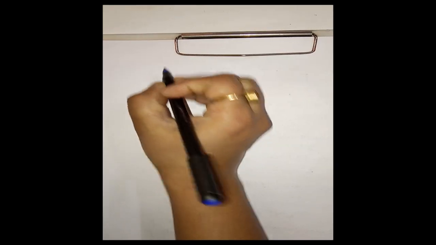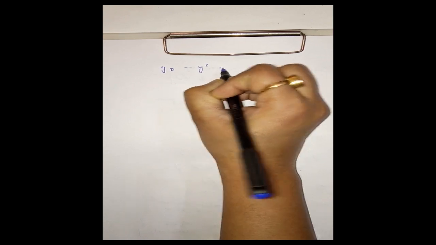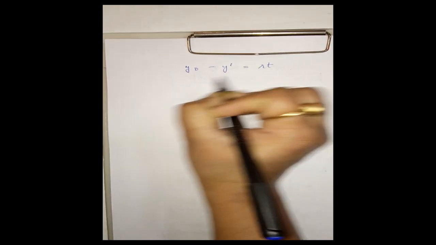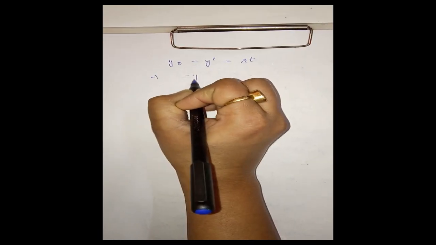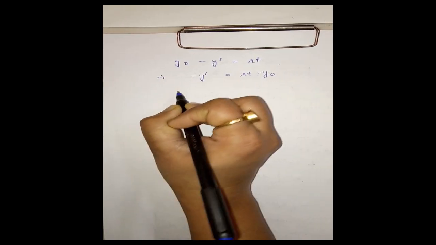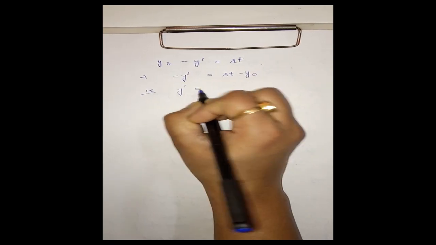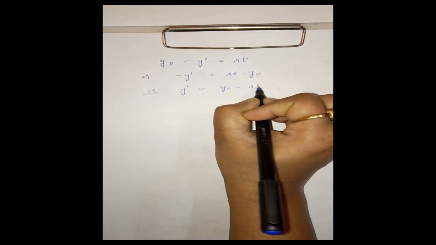We have this. We have y naught minus y dash is equal to RT. Okay. From here we get minus y dash is equal to RT minus y naught, or I can also write y dash is equal to y naught minus RT.